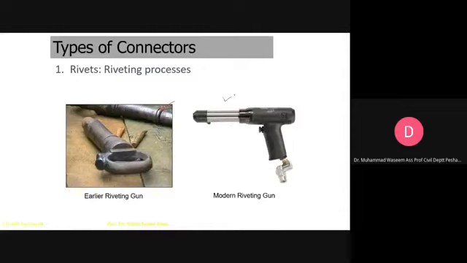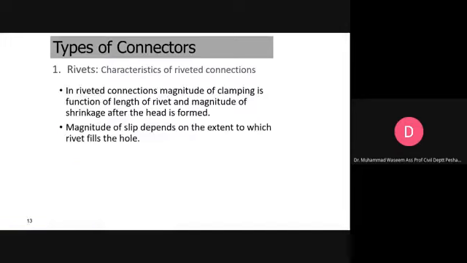In riveted connections, the magnitude of clamping is a function of the length of the rivet and the magnitude of the shrinkage after the heat is formed.